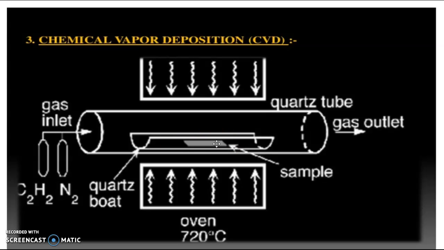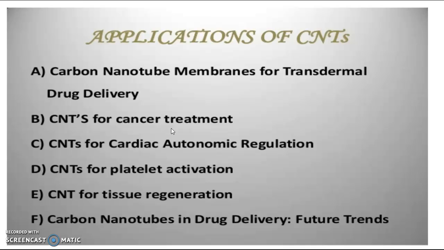When the temperature is raised, from this sample or the graphite, there will be a production of carbon nanotubes. The carbon nanotubes are carried with the gas, and using the gas outlet they are collected in another chamber. These three are the methods used for the production of carbon nanotubes.